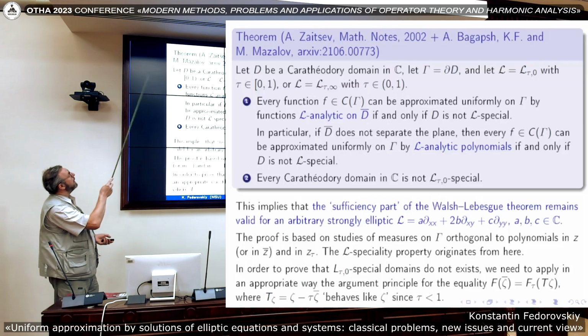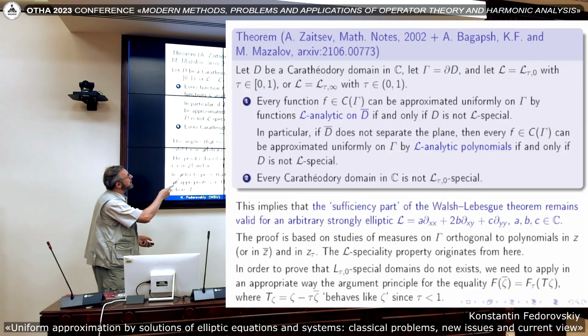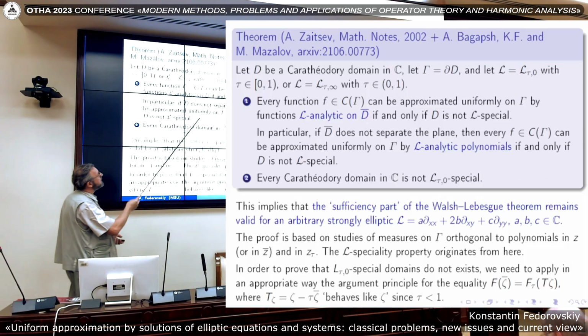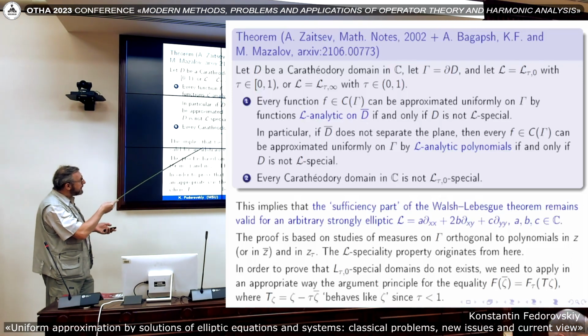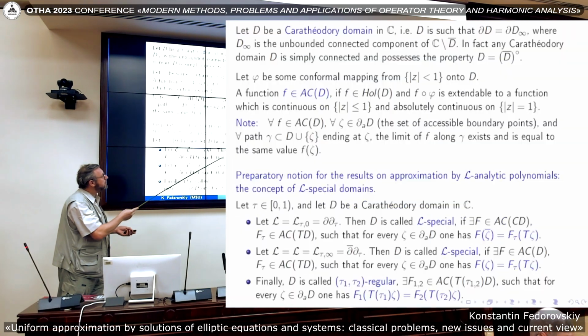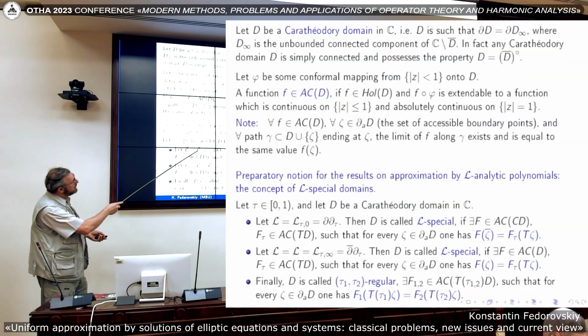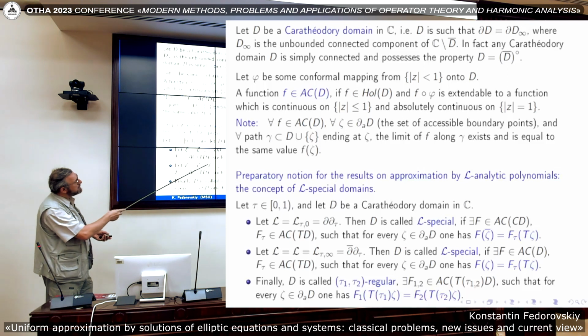In particular, if the closure of this domain does not separate the plane, then we have exactly the result of polynomial approximation. Moreover, every Carathéodory domain is not L special in this situation.